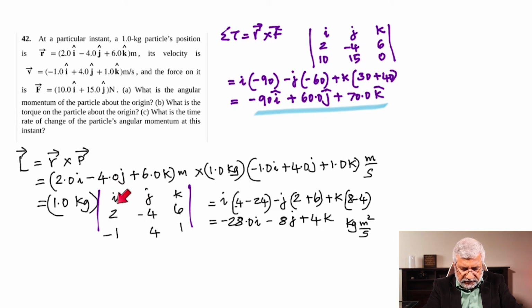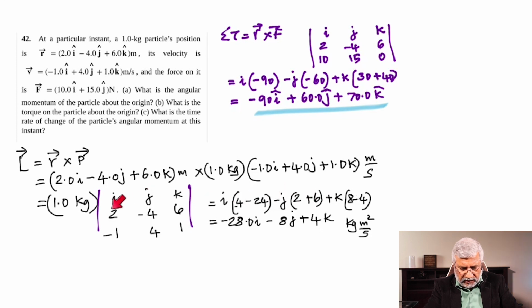To find the coefficient of i, you go -4 times 1 minus 6 times 4. That's what you have there. To find that of j, remember to put a negative before j, and then go 2 times 1 minus 6 times -1. That's what you have there. To find that of k, put plus k again. It's only negative for j.